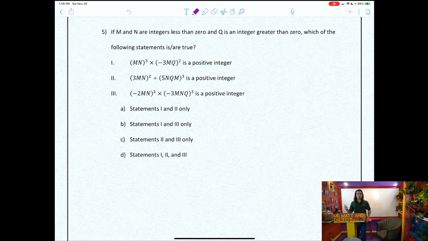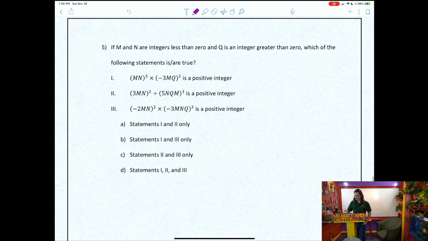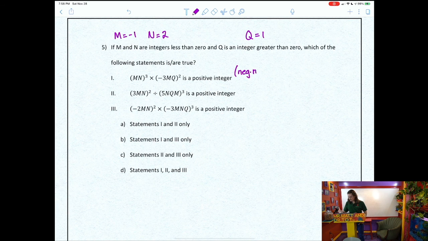So we haven't changed the domain of m, n, and q from question number 4. So we could still use maybe negative 1 as m, negative 2 as n, and positive 1 as q if you wanted to use substitution here. But thinking conceptually, here we're going to have a negative times a negative cubed times negative 3, which is negative, times a negative times a positive squared.